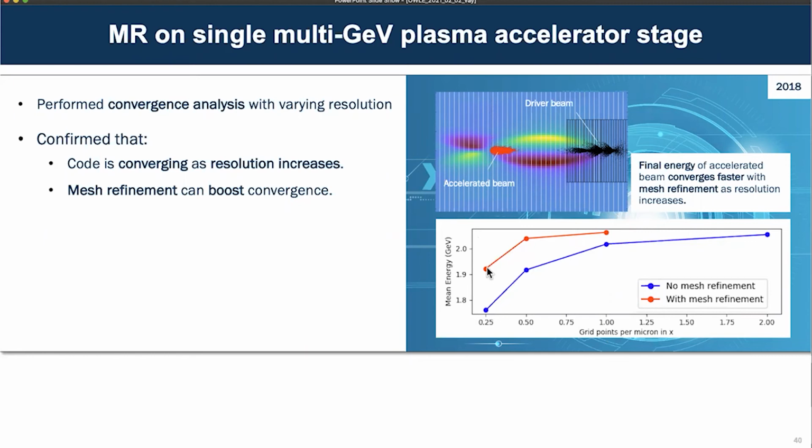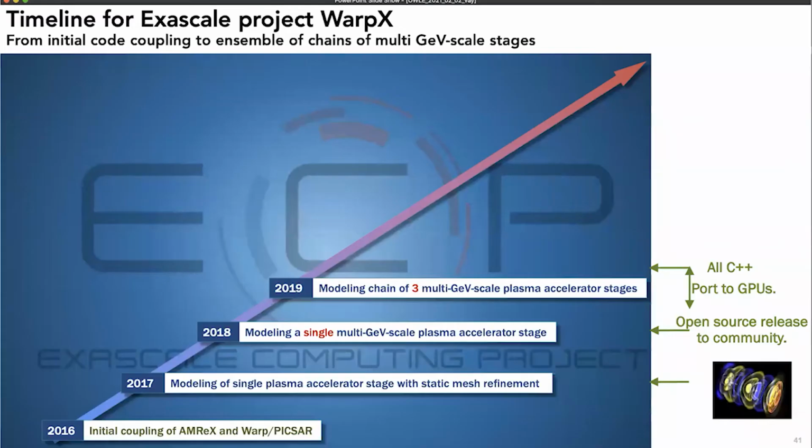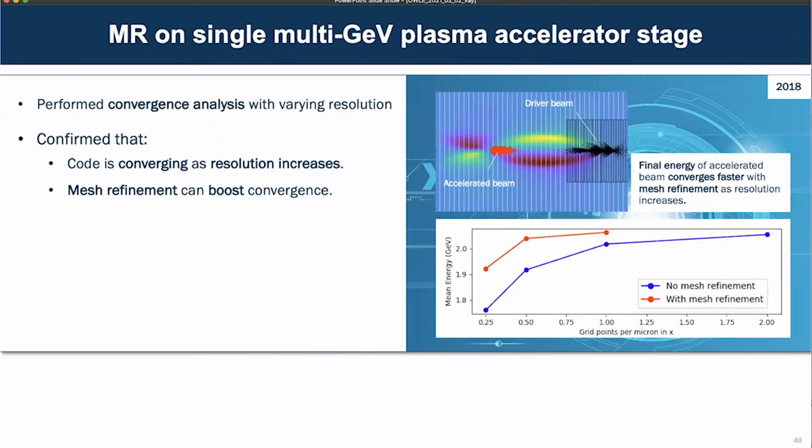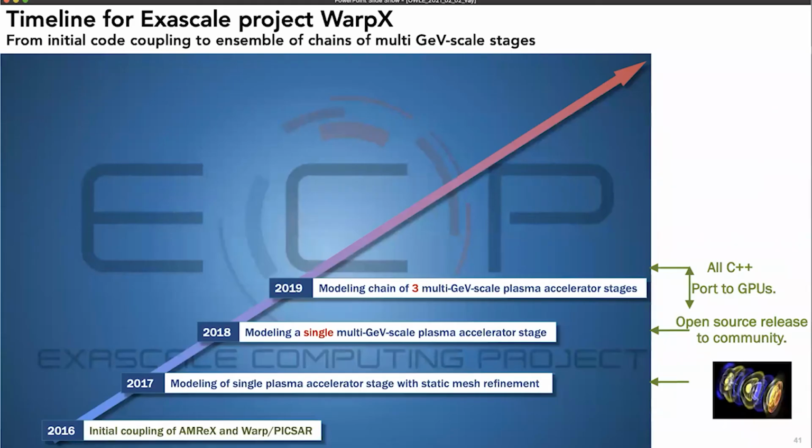But anyway, this was already very indicative that the runs with mesh refinement were converging faster, which is quite nice results. So that basically indicates that mesh refinement can be used to boost convergence in that case. We then started porting the code to GPUs and started the conversions.